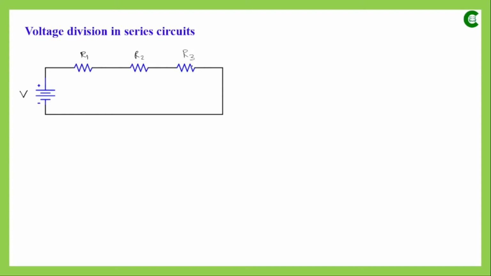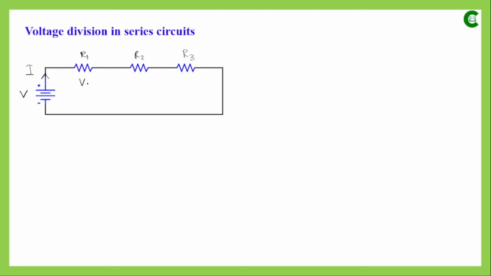If we apply KVL in this closed circuit, say this voltage source is supplying current I, and since all of them are connected in series, and we know that in a series circuit the current is the common factor, the current that flows through all of them is the same. So current I will flow through all the resistors.